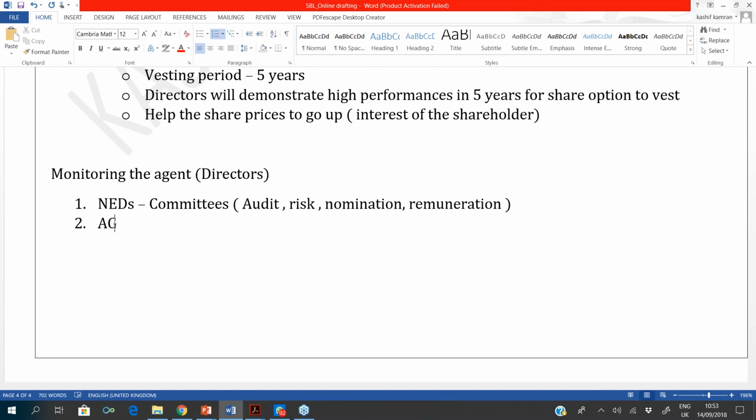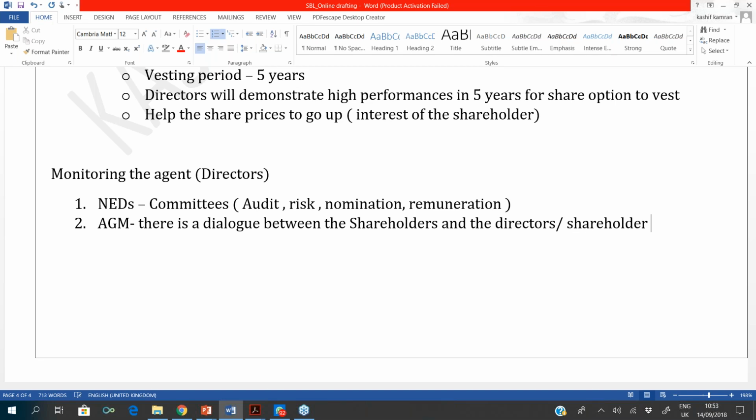Then second, AGM. In the AGM, there is a dialogue between the shareholders and the directors. And the shareholders can make directors accountable at the AGM.